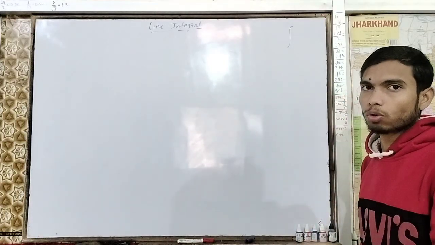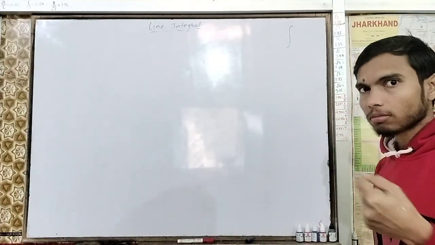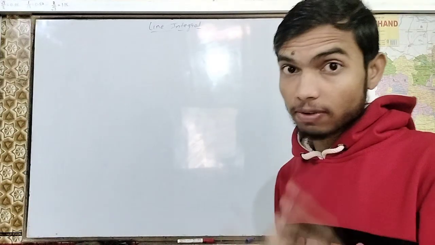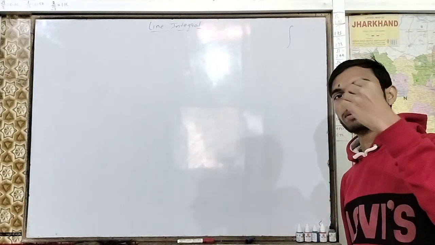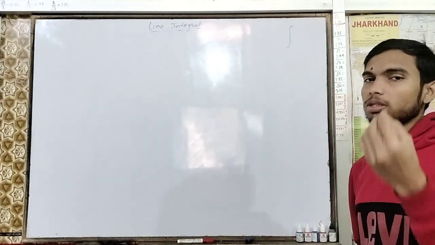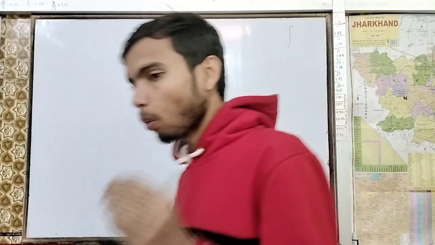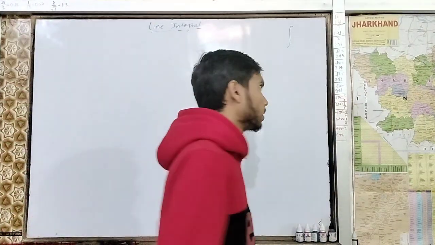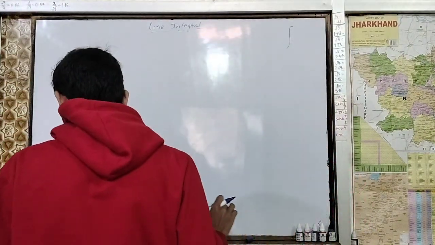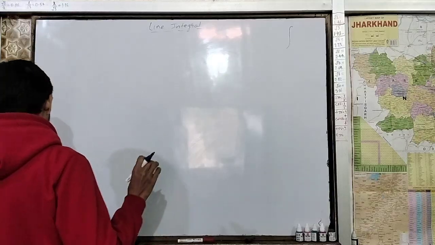But when it comes to a surface integral, then we use double integrals. When it comes to volume integral, then we use triple integrals. What is the reason behind it? I will tell you when we discuss surface and volume. Right now, our focus is on line integral.